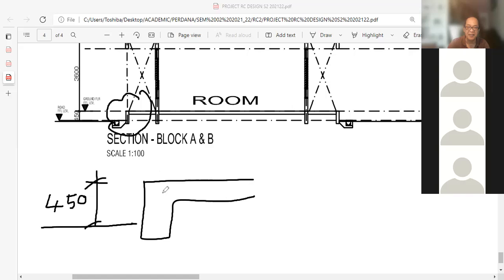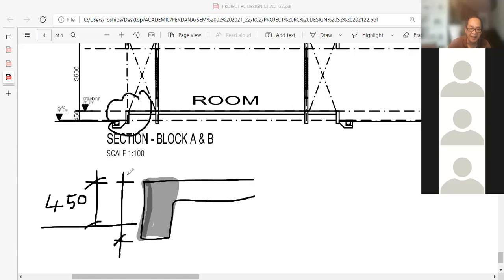Okay? If not, nanti tergantung. The depth of this beam, this particular beam di sini, the full depth of the beam, okay, has to be more than 450. Let's say around 600. Okay, so you need to choose this particular dimension has to be more than 450.